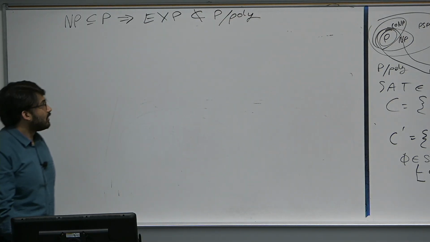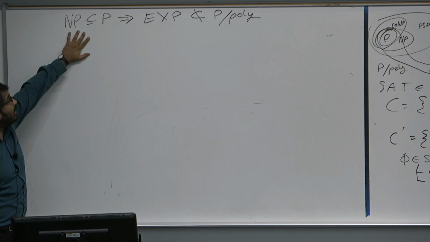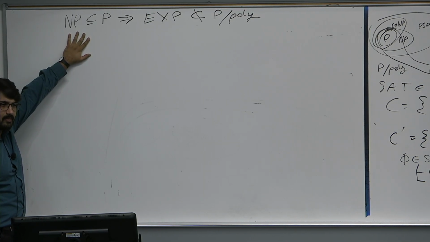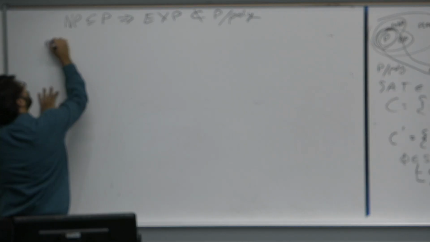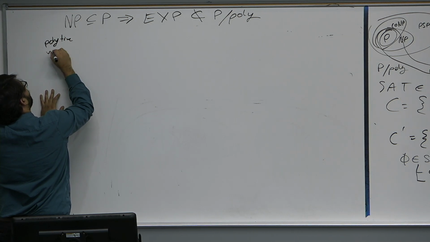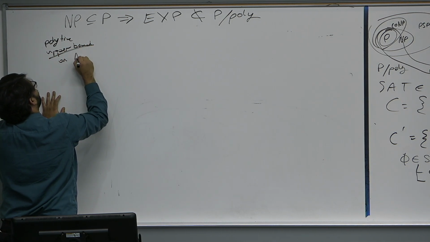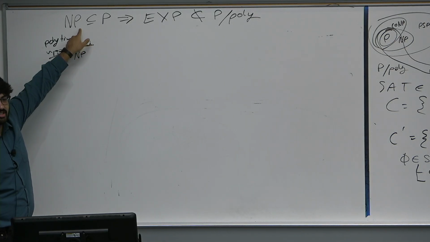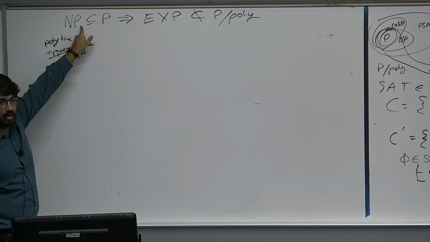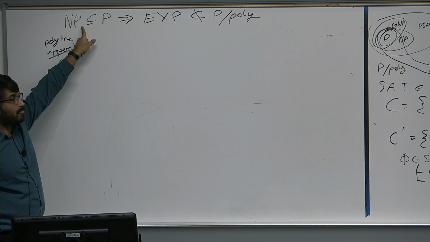What is this here? NP being a subset of P is a polytime upper bound on NP. So if you can prove this, this is an upper bound, right? Just give a polytime algorithm for SAT, right?